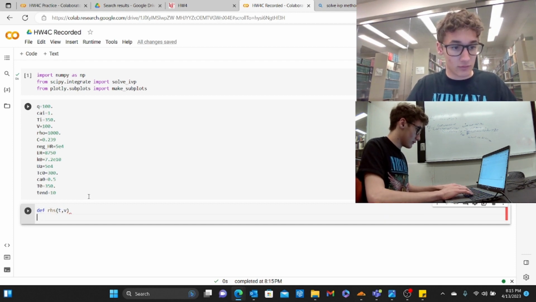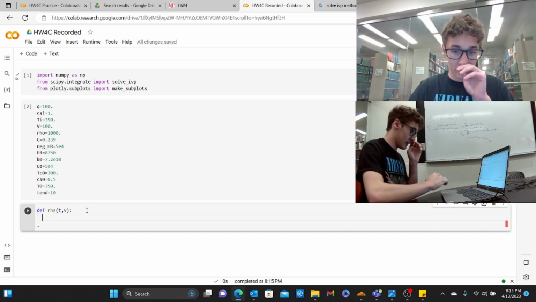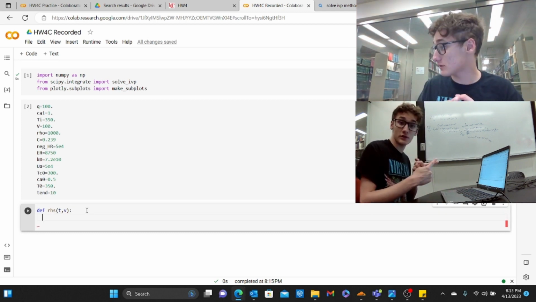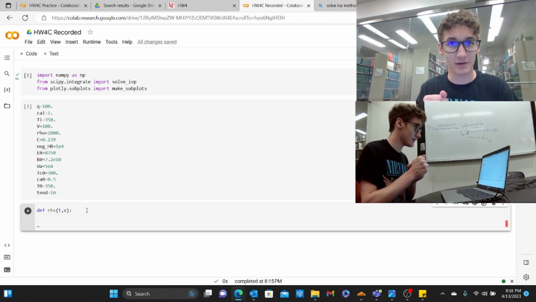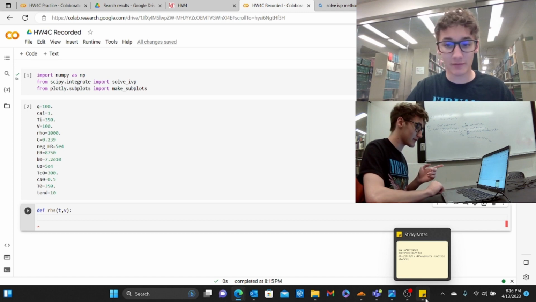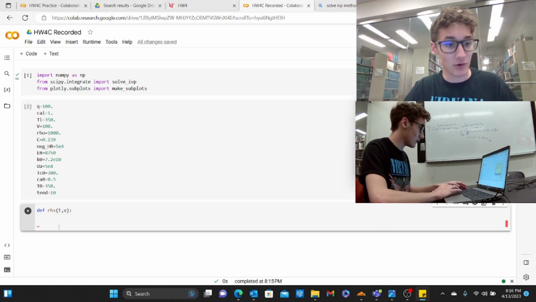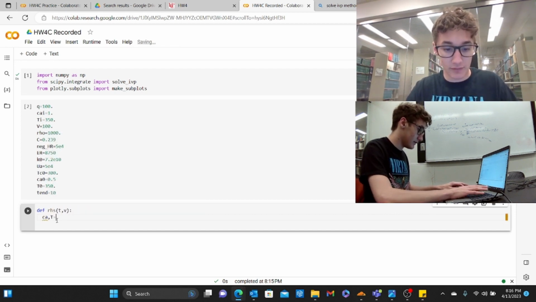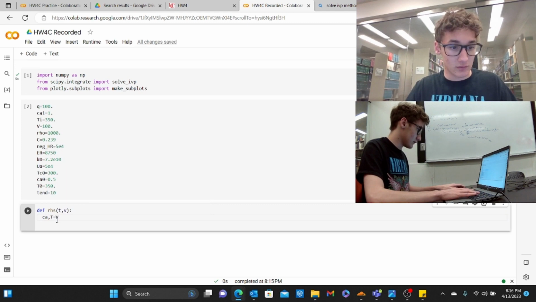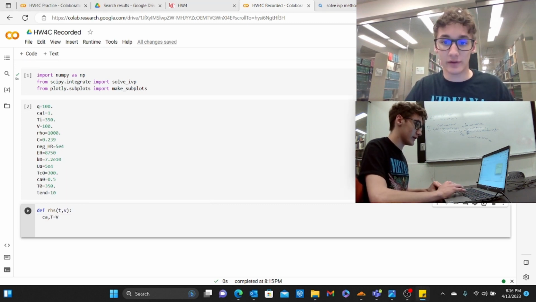And as you know, we're solving for the concentration and the temperature. And so we're going to have CA, T equals this vector. All right? And now we get to input our equations that we've calculated.